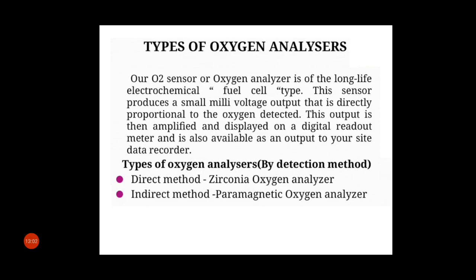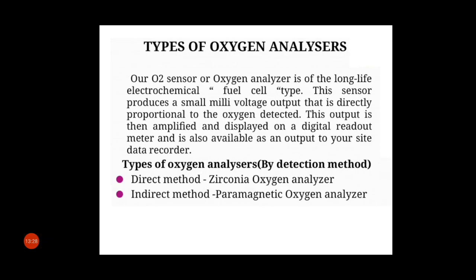There are basically two methods we use for analyzing oxygen: one is the direct method, another is the indirect method. The zirconia oxygen analyzer is the direct method and the paramagnetic oxygen analyzer is the indirect method.